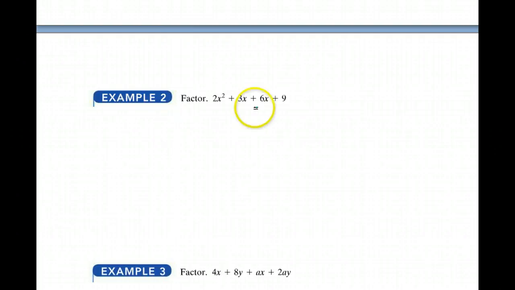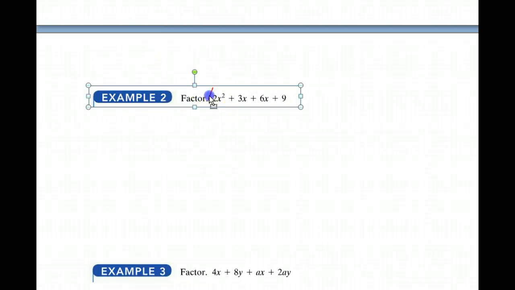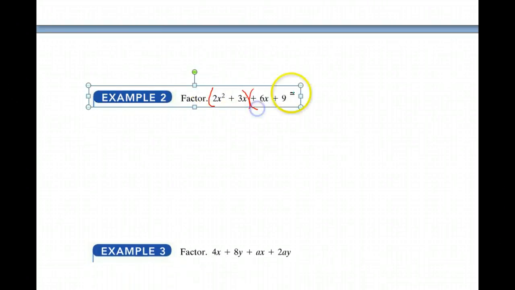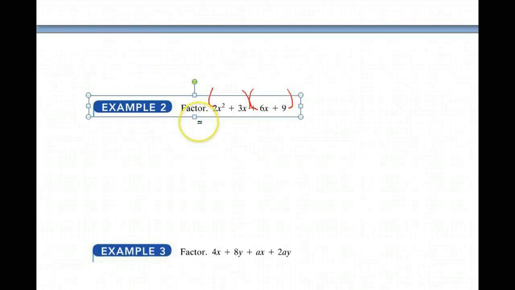And the way that you factor when you have 4 terms is you want to go ahead and throw some parentheses around your first 2 and your last 2 terms. Let me slide that back up where it belongs.